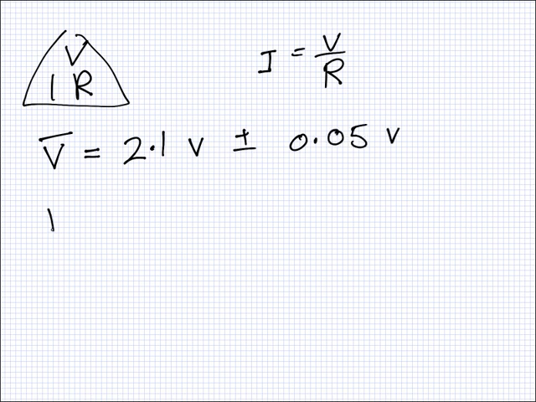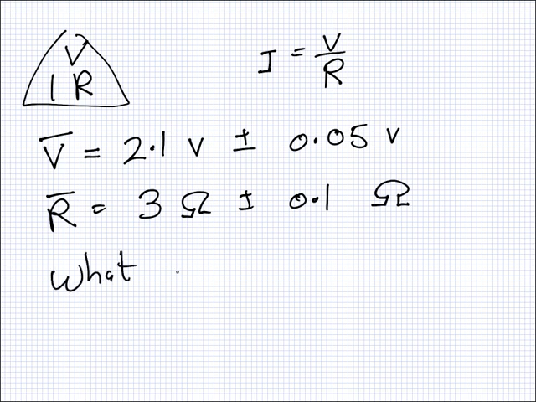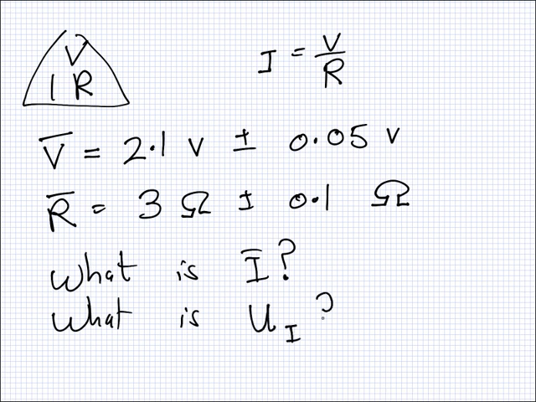And maybe you measured the resistance to be 3 ohms, plus or minus 0.1 ohm. My question is, what is the I, and then what is the uncertainty in measuring I?